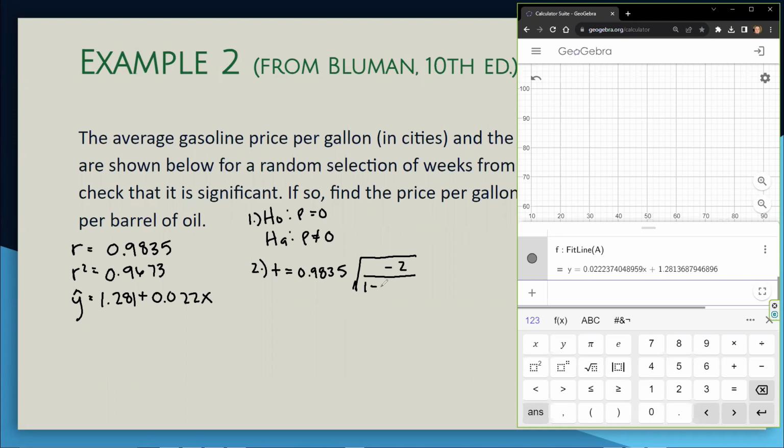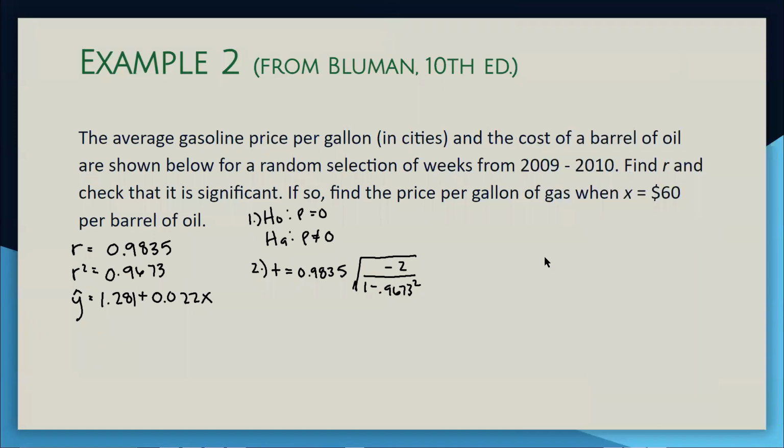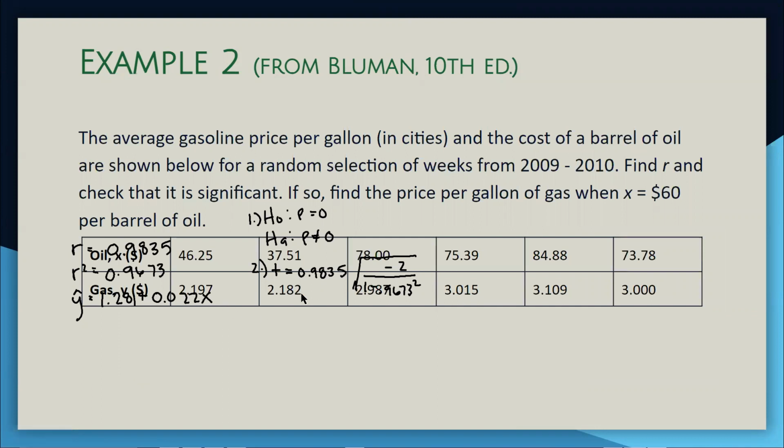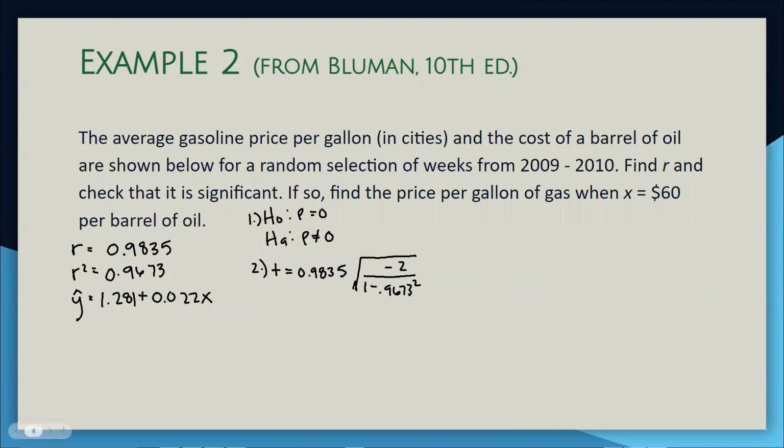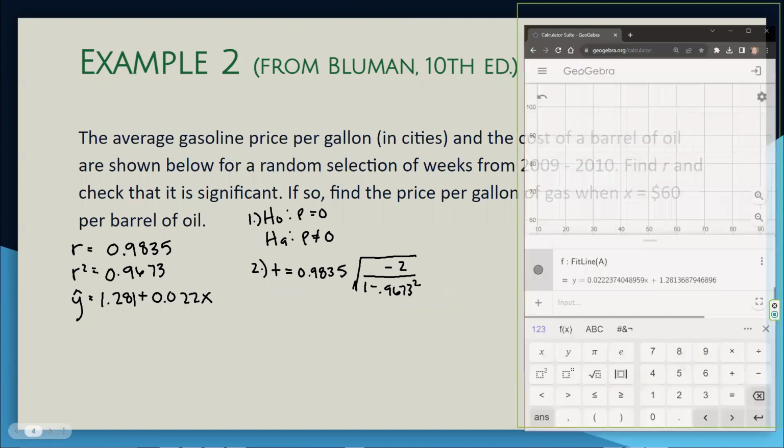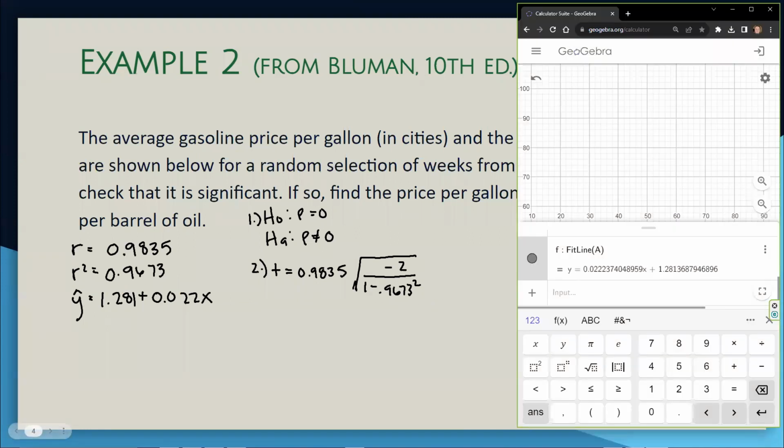Do the 1 minus r squared first, 0.9673 squared. And then I need to go back and look at how many data points I have. So let's go ahead and do that. 1, 2, 3, 4, 5, 6. I'm counting 6 ordered pairs. So this again is going to be 6 minus 2 on top. And then we're just going to plug that in GeoGebra to get our answer.